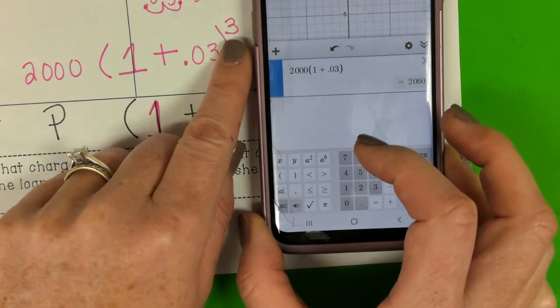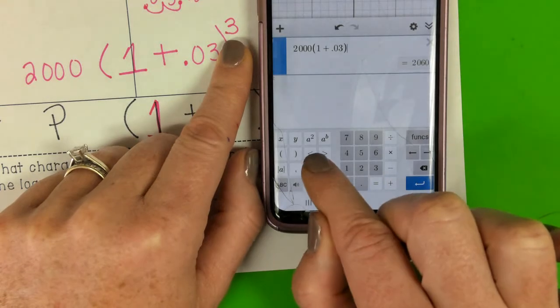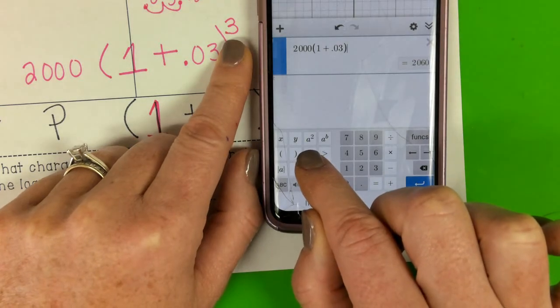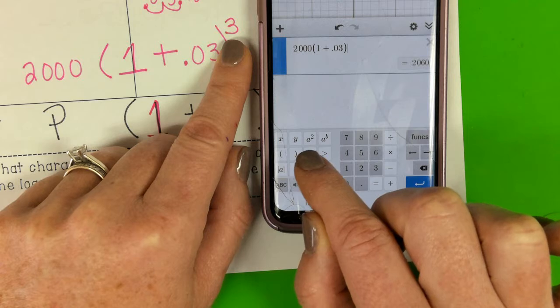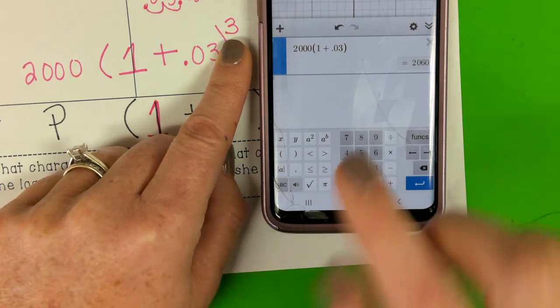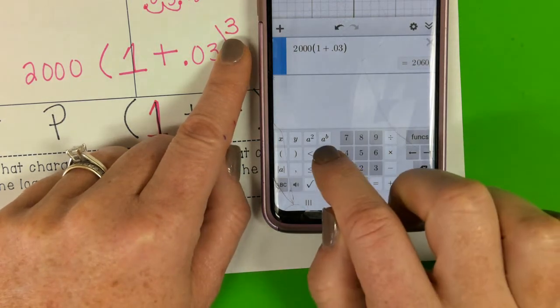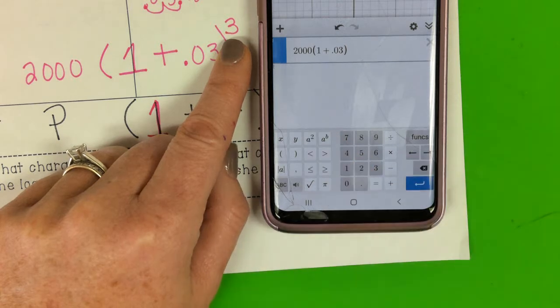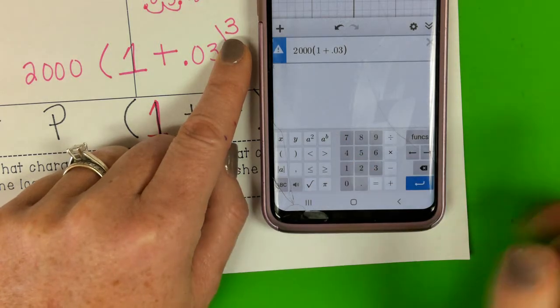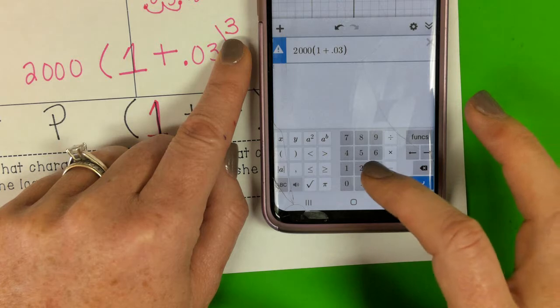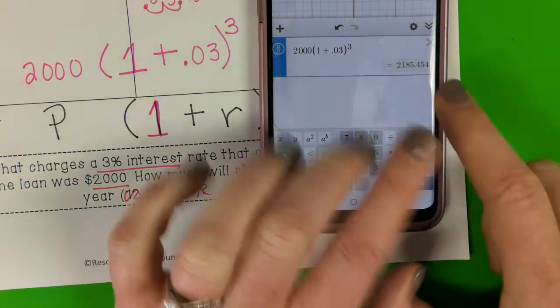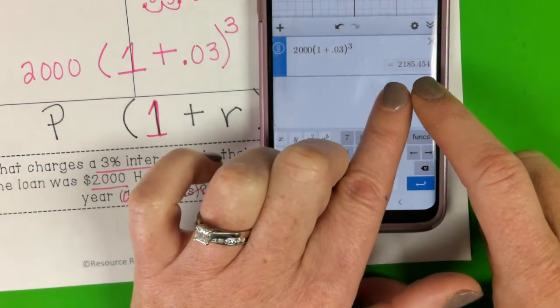Now let's talk about how to do this exponent. You have a couple of choices. If it's just an exponent of 2, then you could hit the a squared button. But since we have an exponent of 3, I'm going to hit a to the b power, and then it allows you to use whatever exponent you want. So I'm going to type in 3, and now it tells me my total balance.